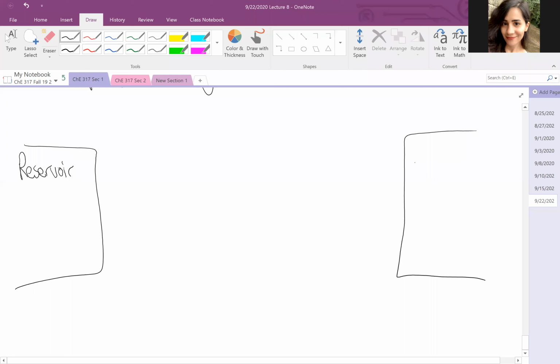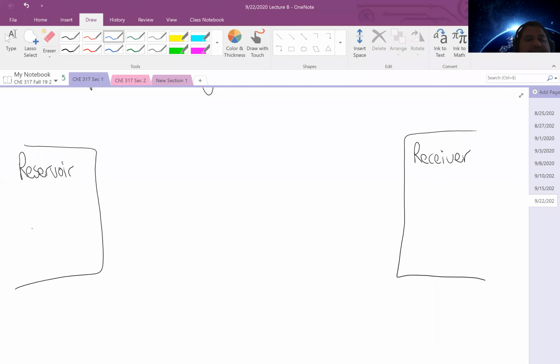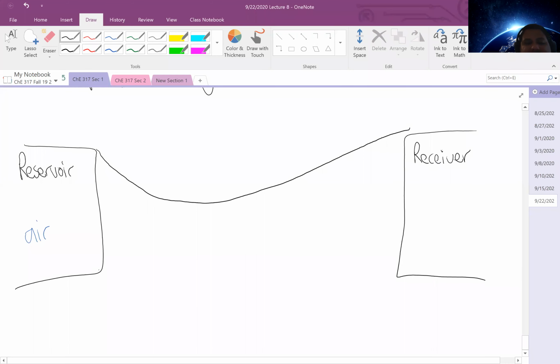So let's say I have a reservoir and a receiver of gases. Let's say this reservoir is going to be filled with air, and I'm going to flow it through a specialized nozzle that looks a little like this.